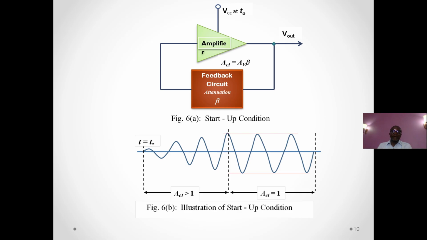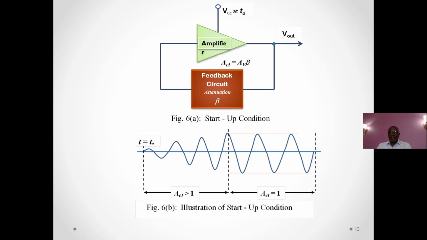And in this feedback loop, we have a net phase shift of 0 and attenuation beta. The closed loop gain will be equal to the amplifier voltage gain times the attenuation beta.